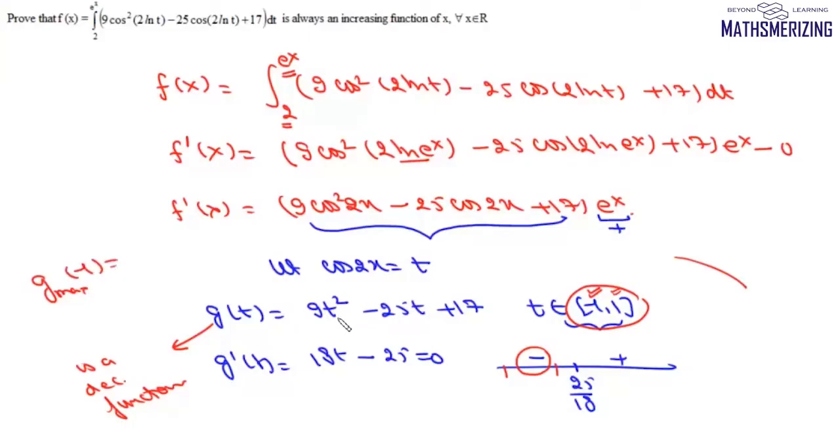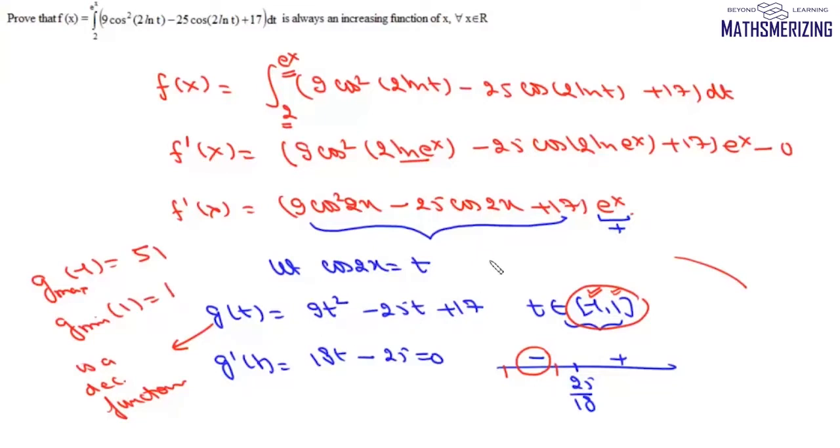Now if we put t as -1, it will be 9 + 25 + 17, so it will be 51, and its minimum value will occur at 1. And if we put t as 1, it will be 26 - 25, and that is 1.